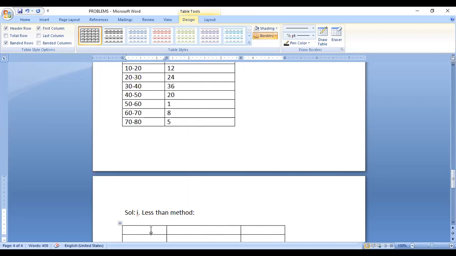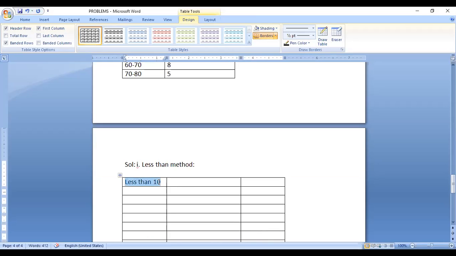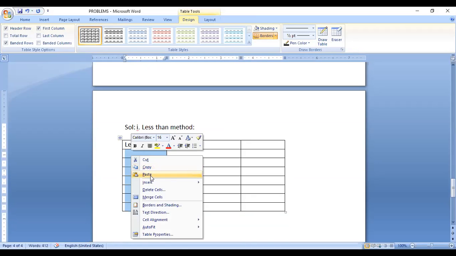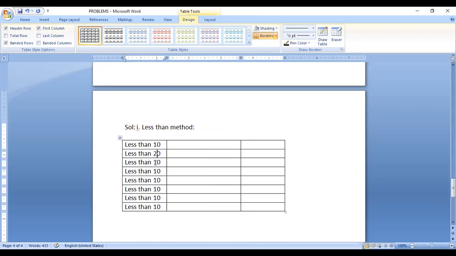Now firstly, less than 10, less than 20, less than 30, less than 40, less than 50, less than 60, less than 70, less than 80, like this.